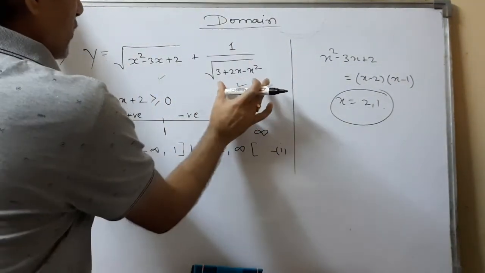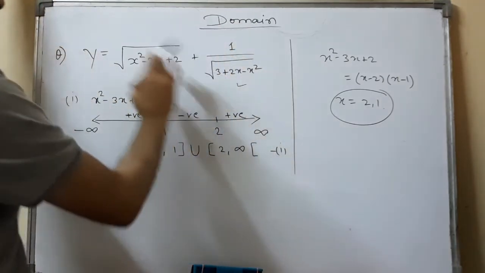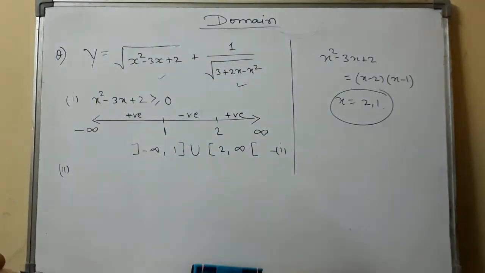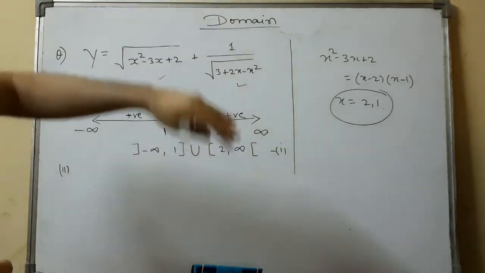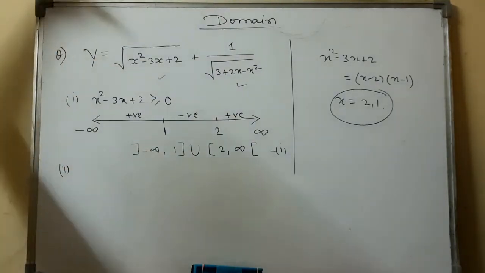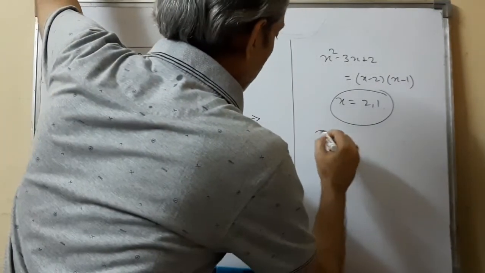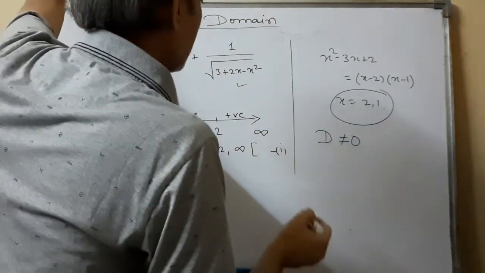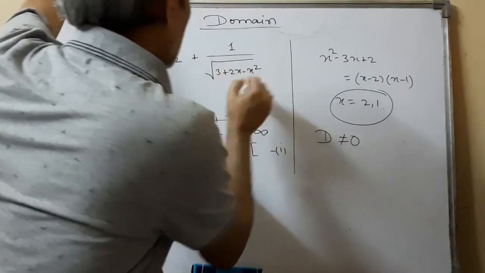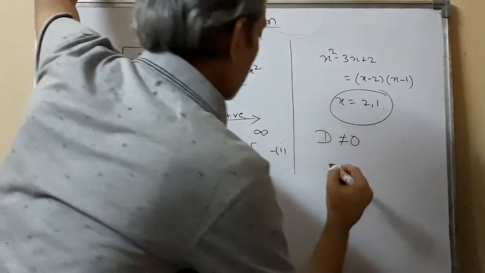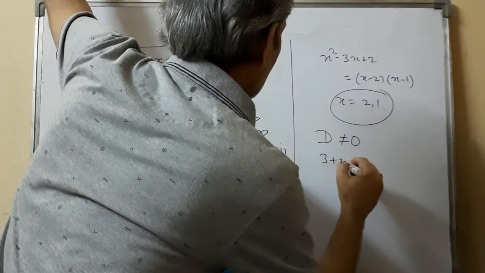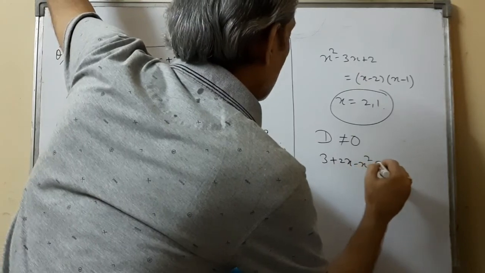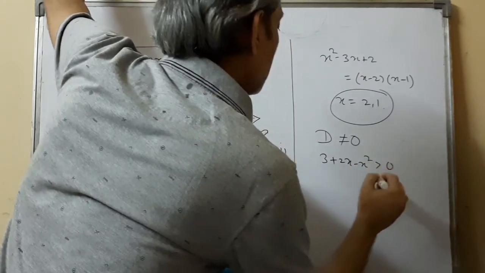So since this expression is inside the square root sign as well as in the denominator, both the rules will apply. The denominator should not be equal to 0, and as it is inside the square root sign, this should be more than 0.